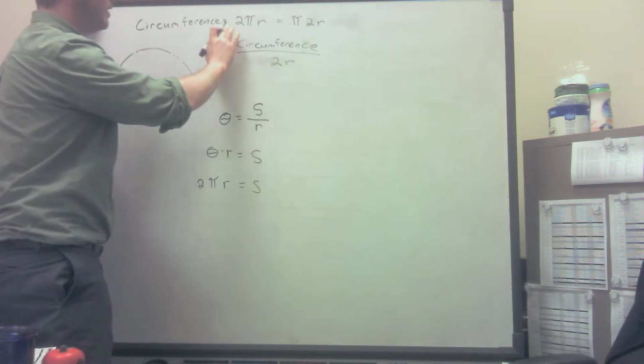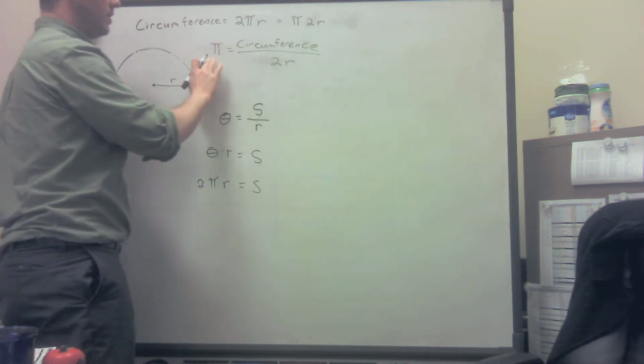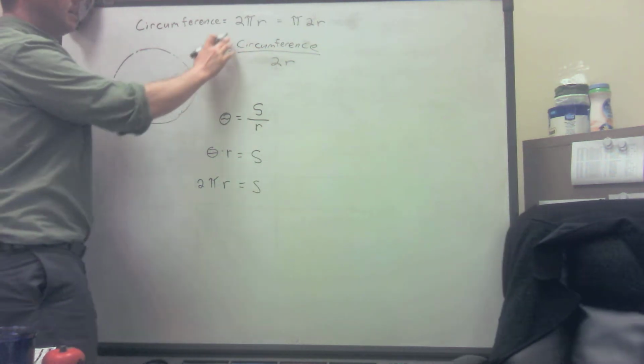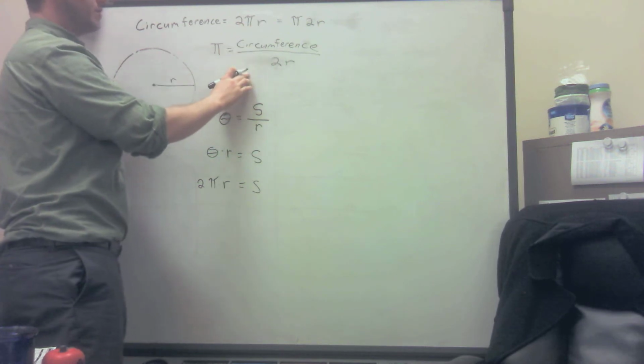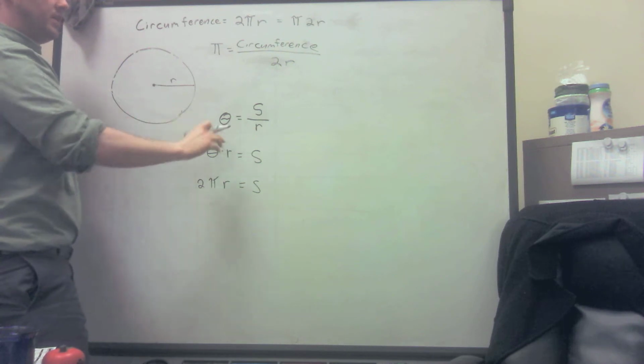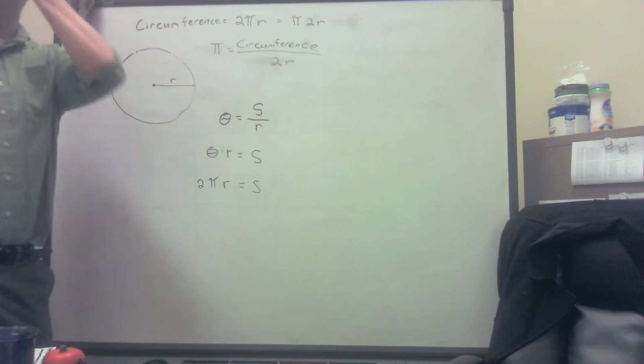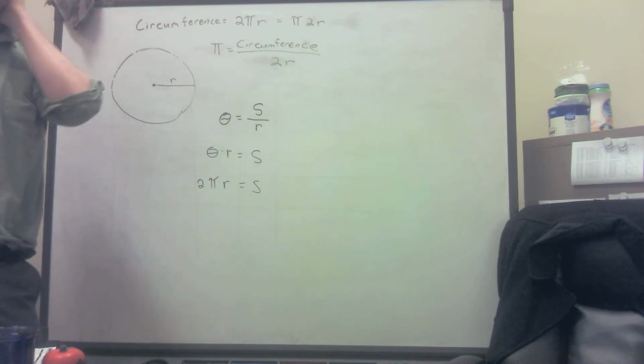In reality, that's how pi was defined. So I just took my formula and solved it for pi. I divided by the radius, I divided by 2, and I get this definition of pi. So that's how pi is traditionally defined, geometrically.